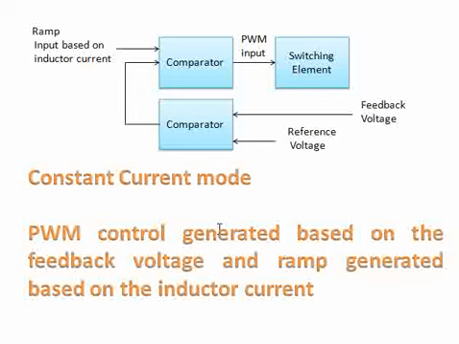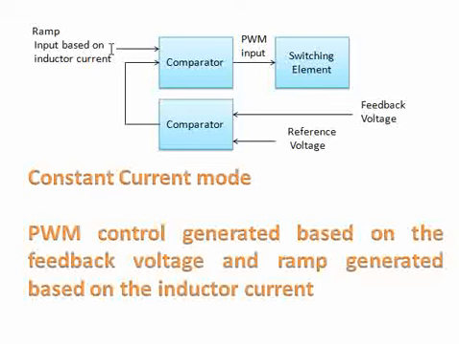Constant current mode and constant voltage mode, even though topology-wise they use the same one, differ in how the control elements are generated to produce the PWM. Here also we take the feedback voltage and the reference voltage, and the output of this comparator is the difference between them, which is fed to another comparator. The comparator output is the PWM. But in constant voltage mode, we talked about the ramp input being fixed, right?